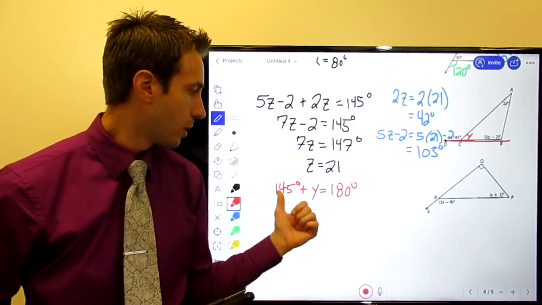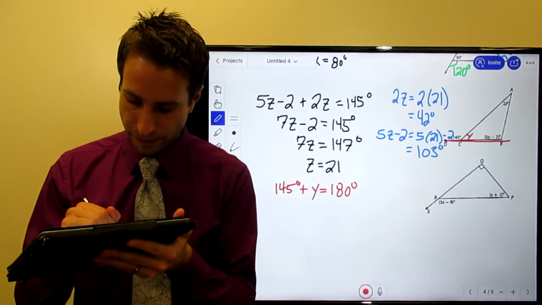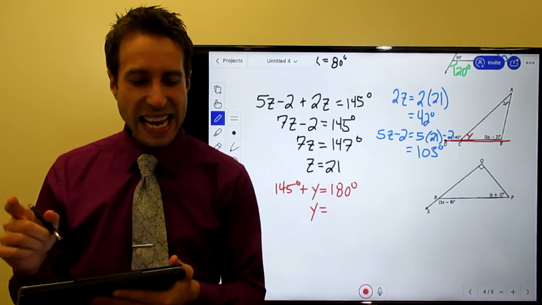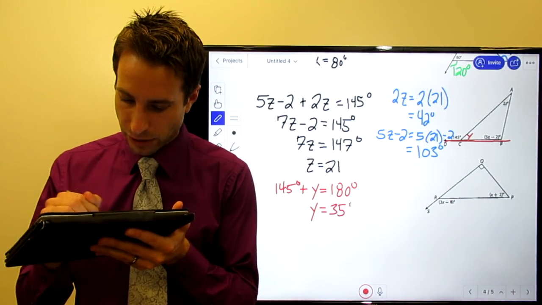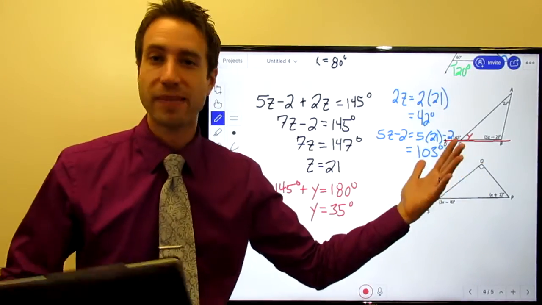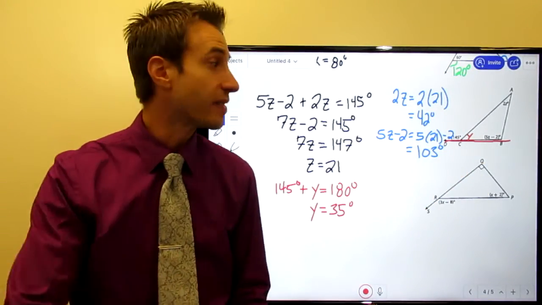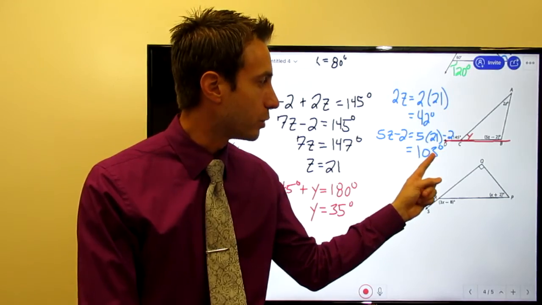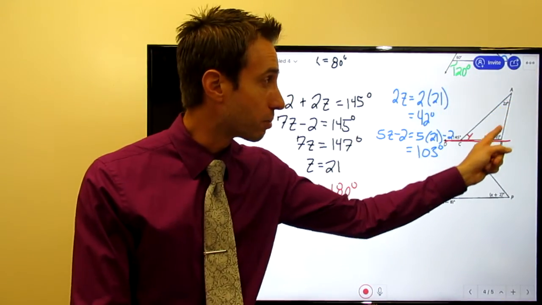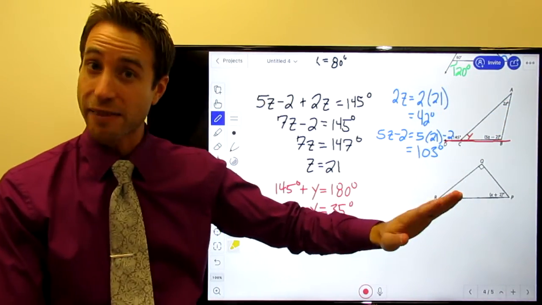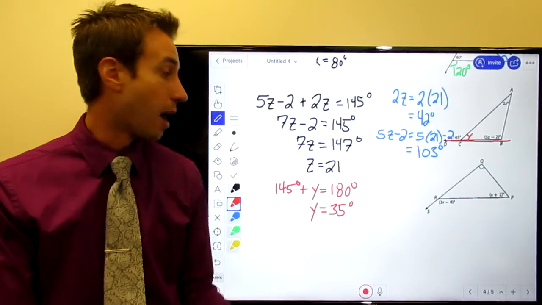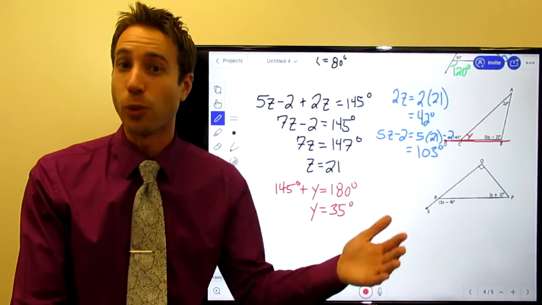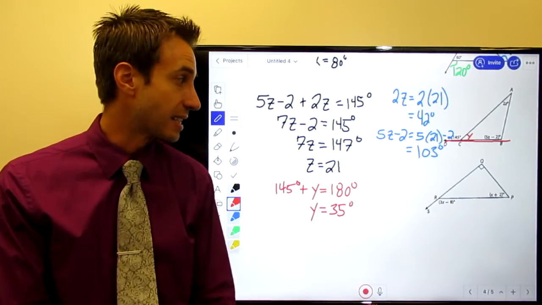Subtract 145 to the other side. 180 minus 145, I get 35 degrees. So this angle right in here has to be 35 degrees. You could have done the exact same thing by adding 42 plus 103 and subtracting that from 180 to find your missing interior angle. You would have got 35 degrees. Two different ways of doing the exact same thing.